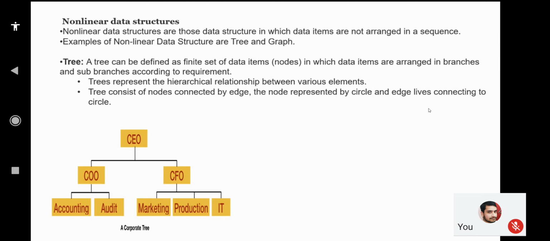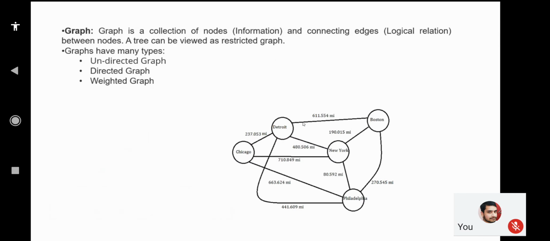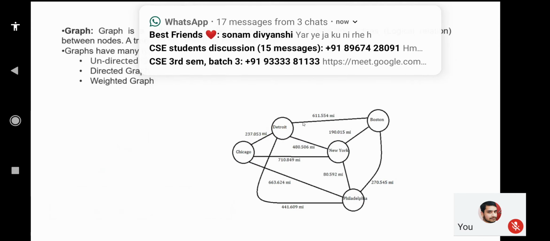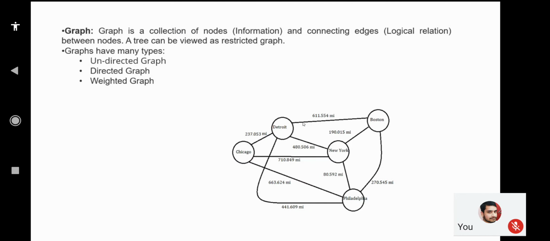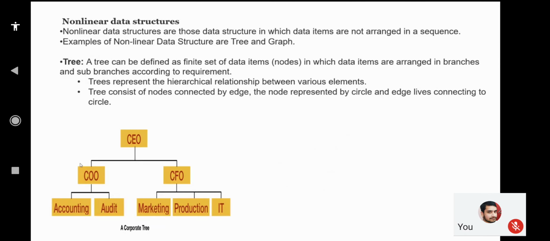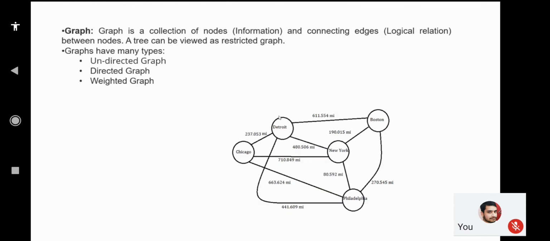Now another data structure we have is the graph. So what is the difference between tree and graph? Tree is non-linear, graph is also non-linear. The difference is that a graph contains loops. In a tree there is no loop, there is no cycle, but in a graph there is a cycle.